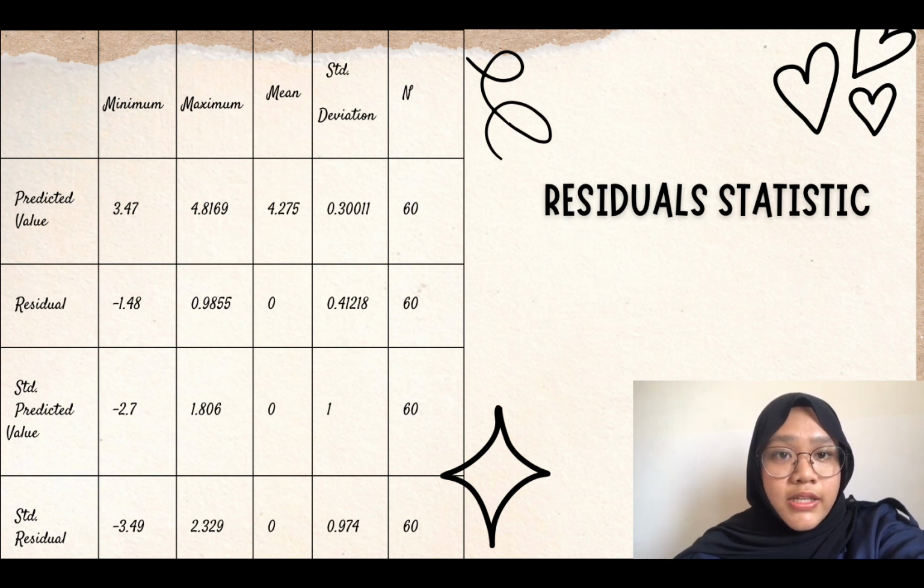Standard predicted value. Min negative 2.7, max 1.81, mean 0, standard deviation 1. 4. Standard residual. Min negative 3.49, max 2.33, mean 0, standard deviation 0.97.